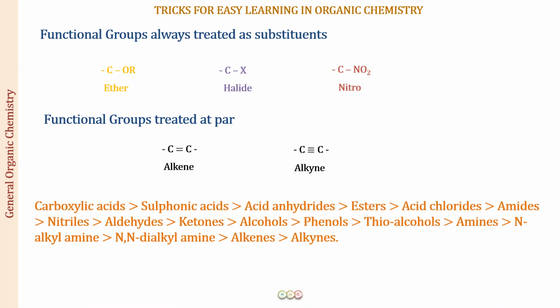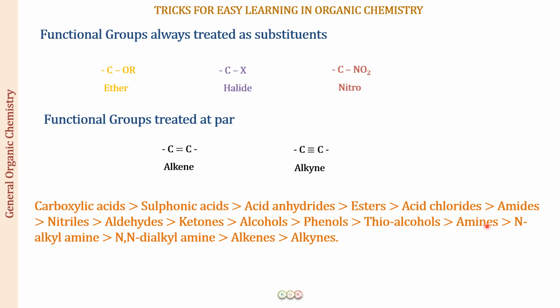So in the priority order, we will be putting the alkenes before the alkynes, and here is the complete priority order with some additions. We have the carboxylic acid, then the sulfonic acid, anhydrides, esters, chlorides, the amides, or these can be the halides also, you can say. And then we have the nitriles, the aldehydes, the ketones, alcohols, phenols, and thioalcohols, and then the amino group, that is the NH2 group.